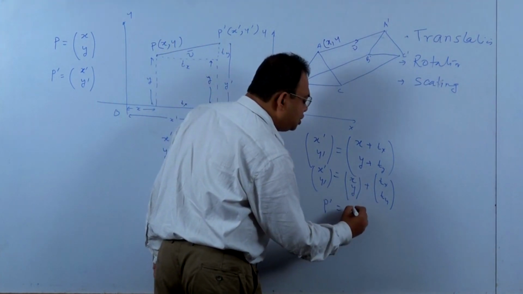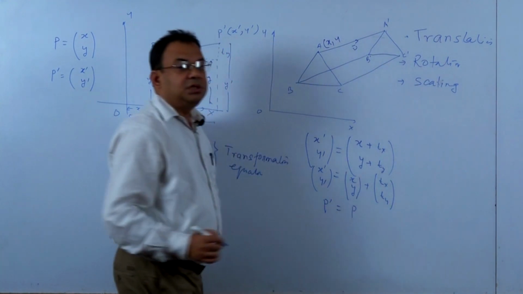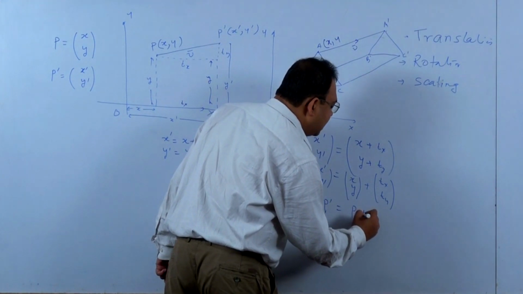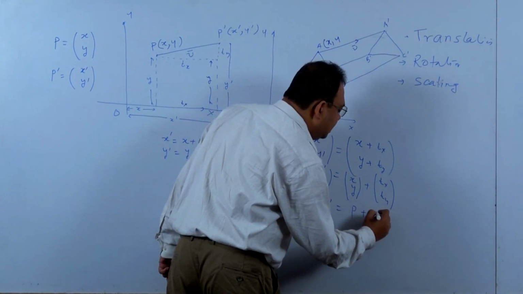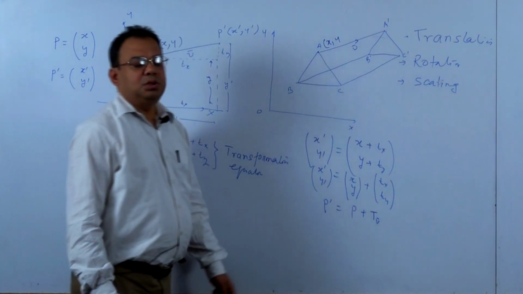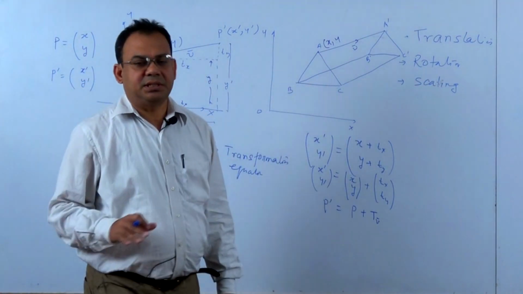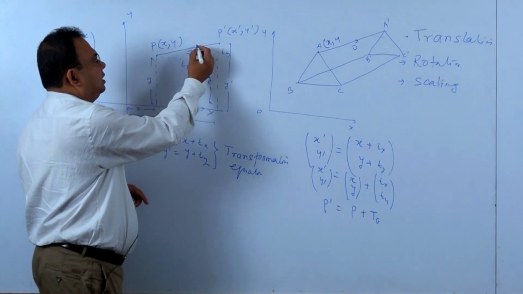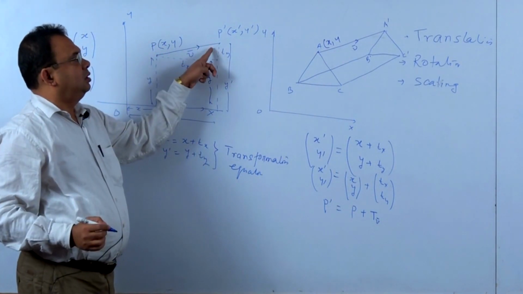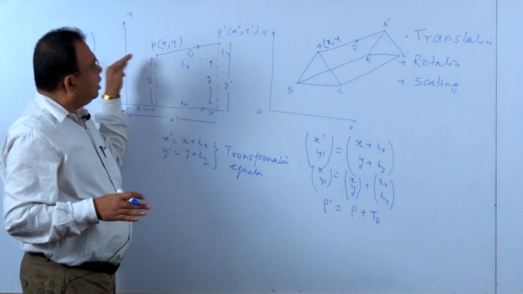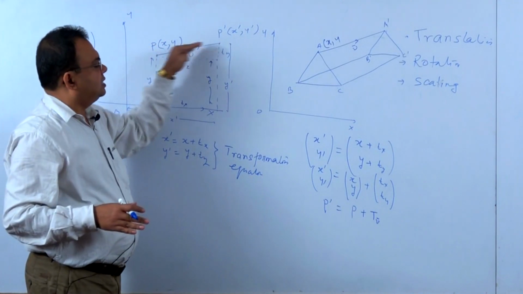So this is nothing but the transformed point, the translated point in this case, P dash. This is the original object point P, and this corresponds to the translation matrix, say T. We are considering this V as a subscript which indicates the direction of translation, because from the definition, translation changes position without changing direction or orientation, along a straight line.